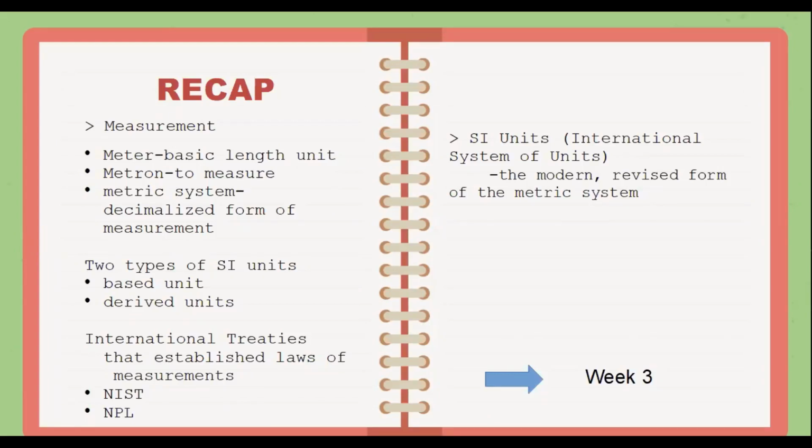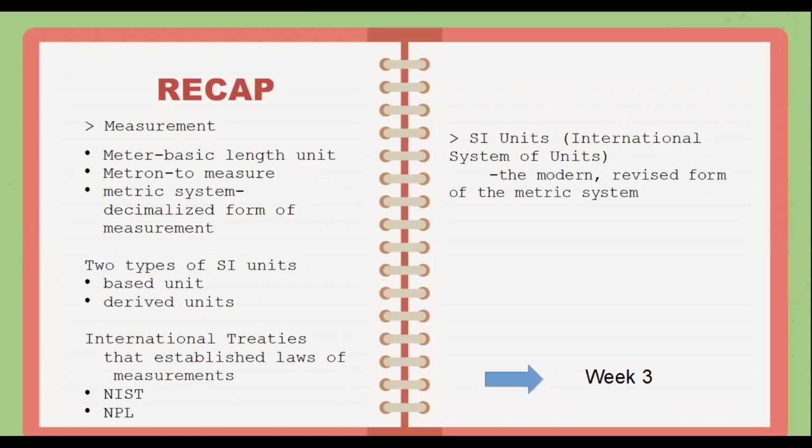NPL is the National Physical Laboratory, and NIST is the National Institute of Standards and Technology. SI units means International System of Units, the modern revised form of the metric system.